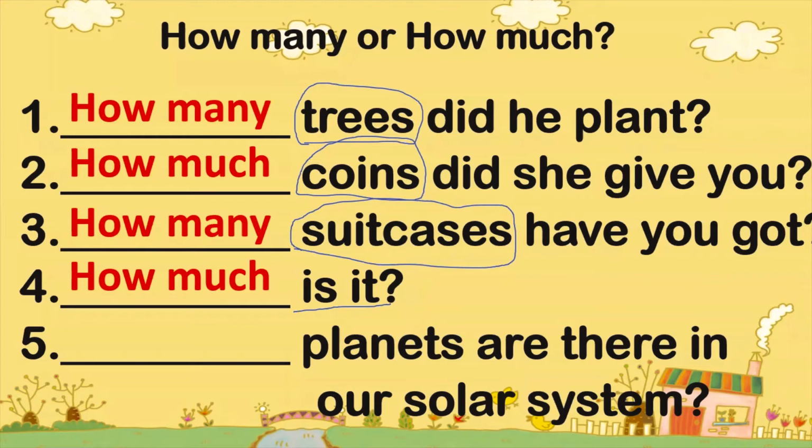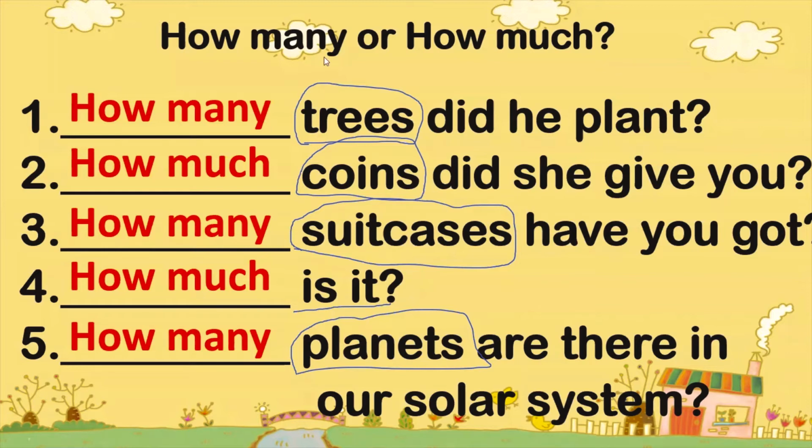Okay, next one: blank planets are there in the solar system? What do you think is the answer? Can you count the planets? Yes. How many planets do we have? We have 8. Now, what do we use? How many. How many planets are there in our solar system?